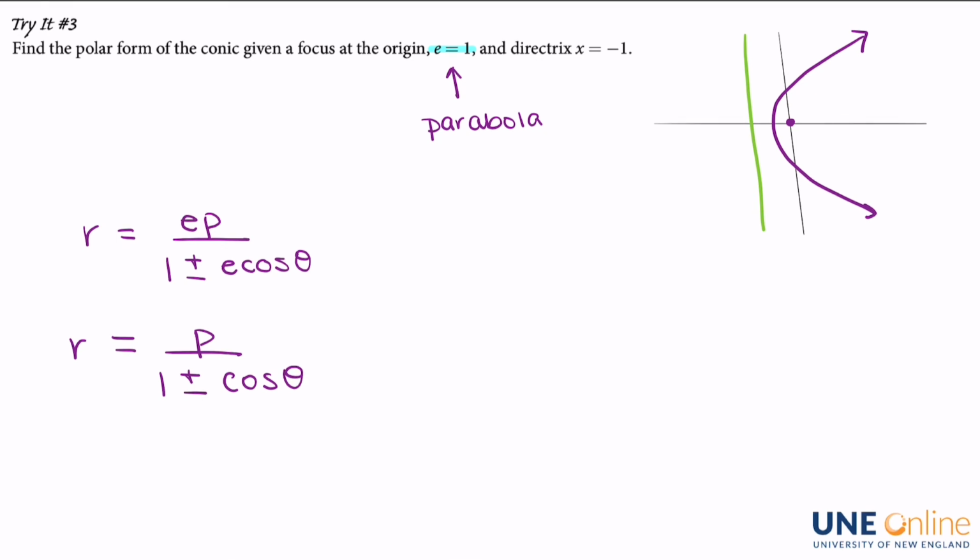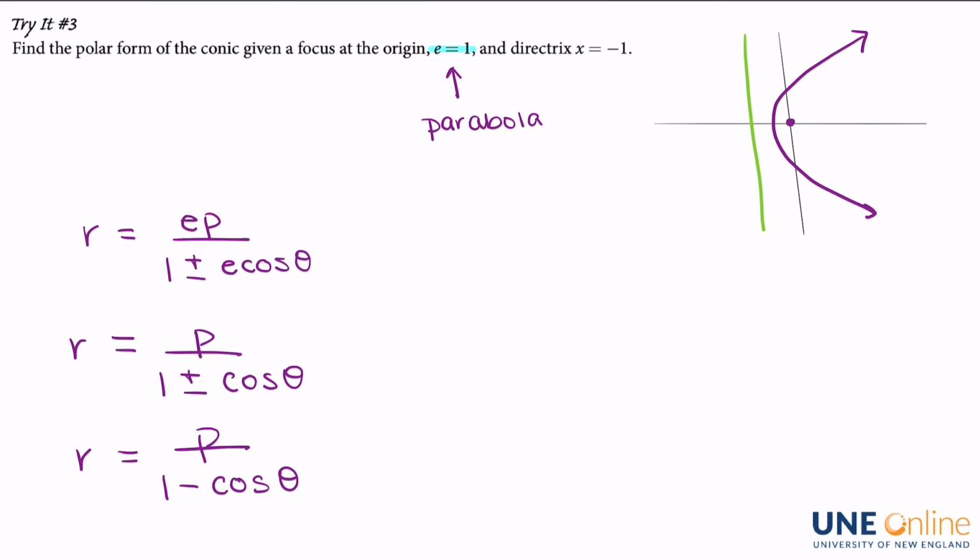To determine whether this is going to be a plus or a minus, we need to look at the sign in the directrix. And we see here we have a negative sign in the directrix. So our sign in the denominator of our function will be a minus sign. So we're going to have p over 1 minus cosine theta. All that's left to do is to find p.